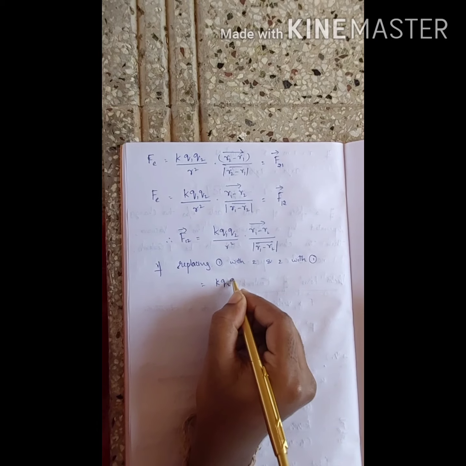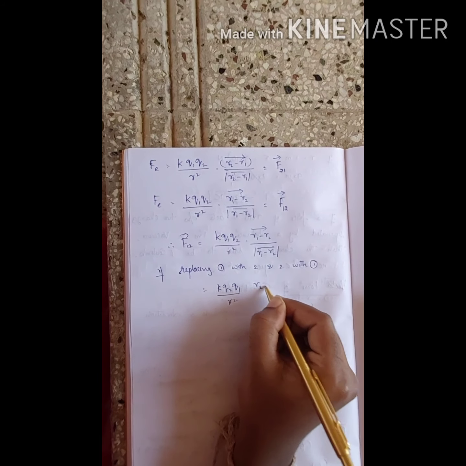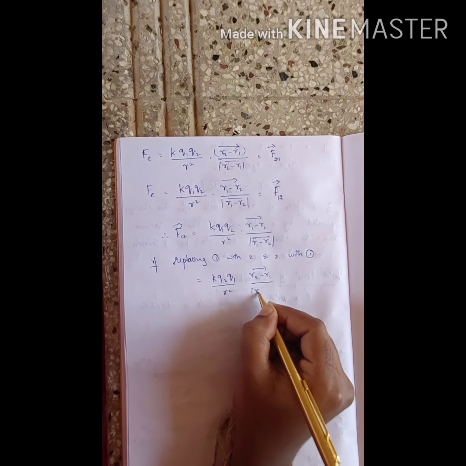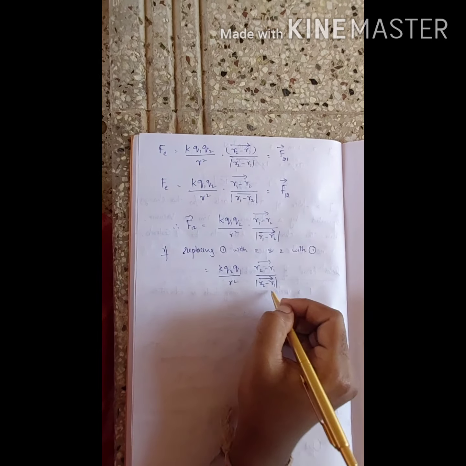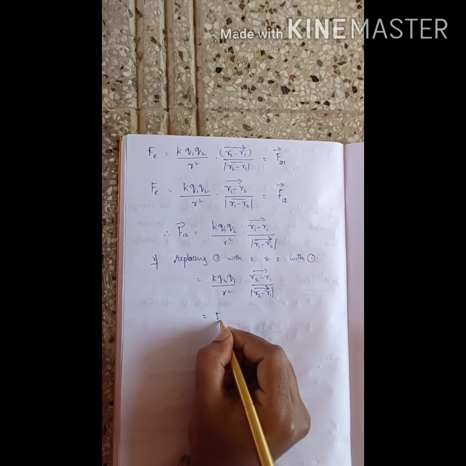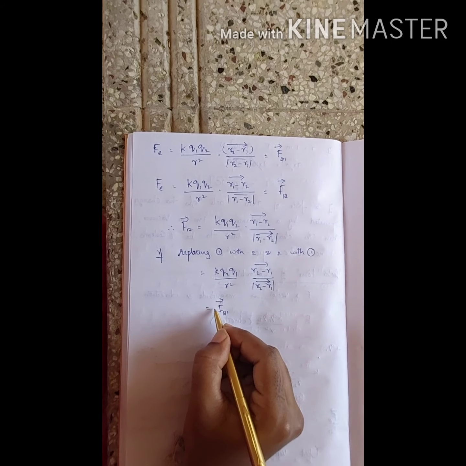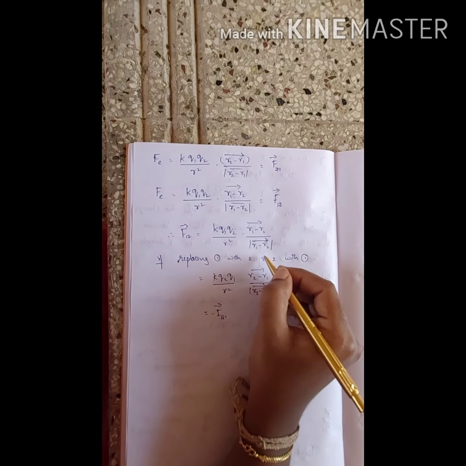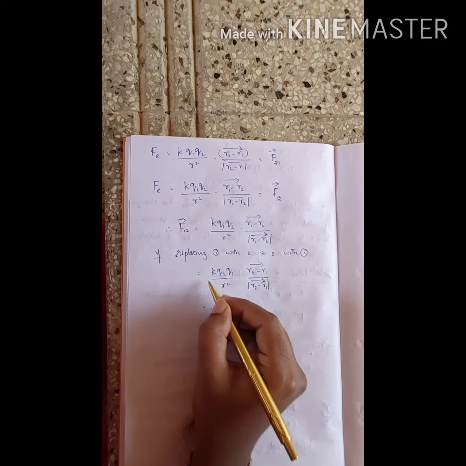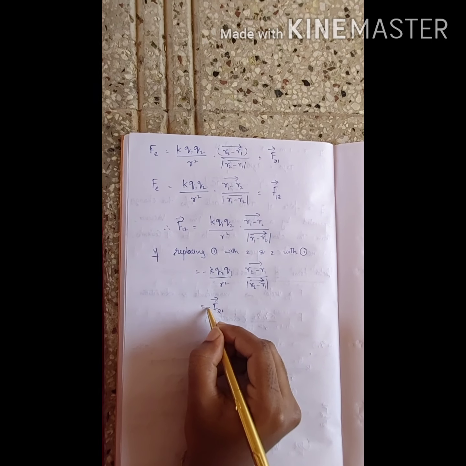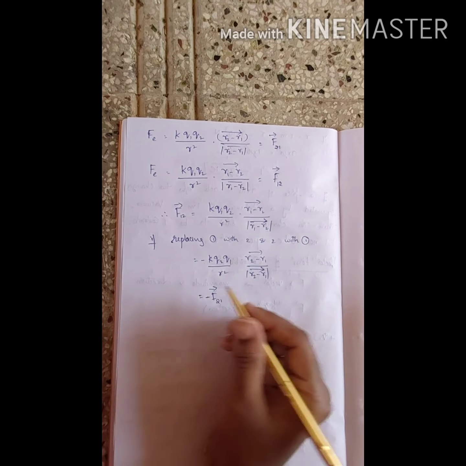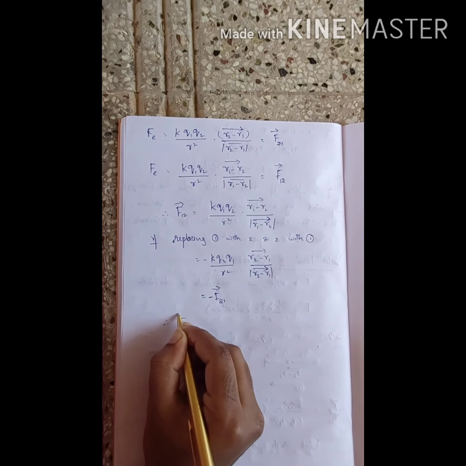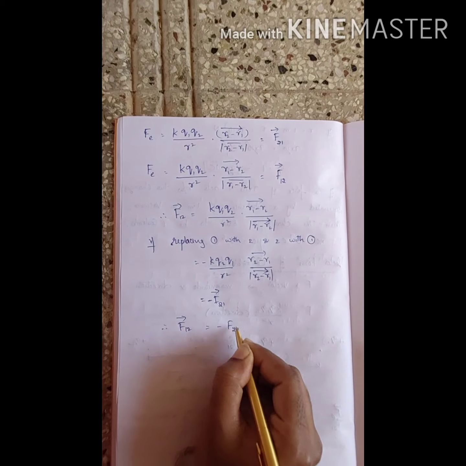K Q2 Q1 by R square, R2 minus R1 bar by mod of R2 minus R1. So what will we get in this equation? Nothing but F21 bar. The thing is, both are in opposite direction. Here we have just changed, no? So instead we'll have this minus.